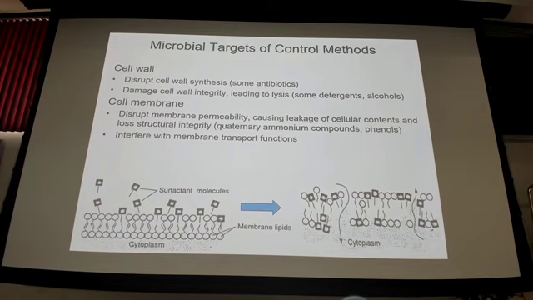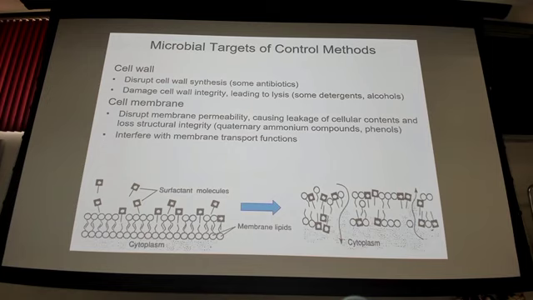You also have other agents that will impact cell wall integrity directly, that will cause the cell to burst. Those include oftentimes things like detergents and alcohols. With the cell membrane, this diagram is showing us molecules called surfactants, which is an abbreviated compound word for surface activating agents.